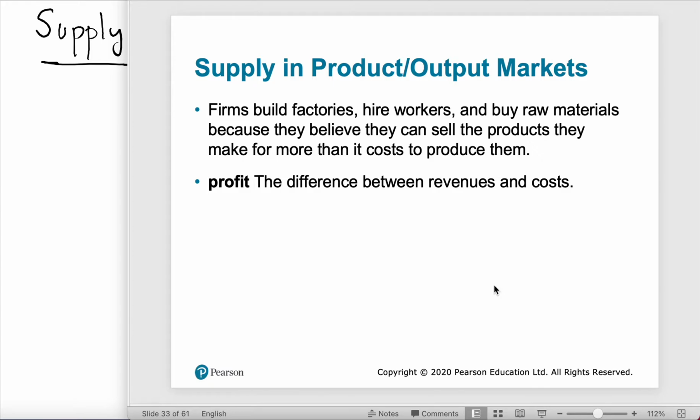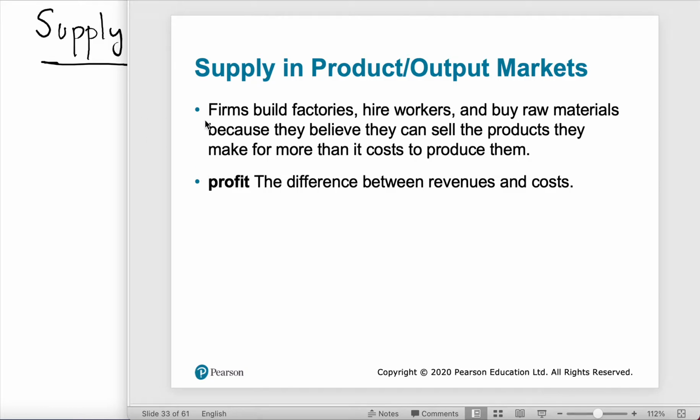So firms are the ones who build factories, hire workers, and buy raw or processed materials, because they think that they can actually make goods, sell them, and earn more revenue than the amount they cost.